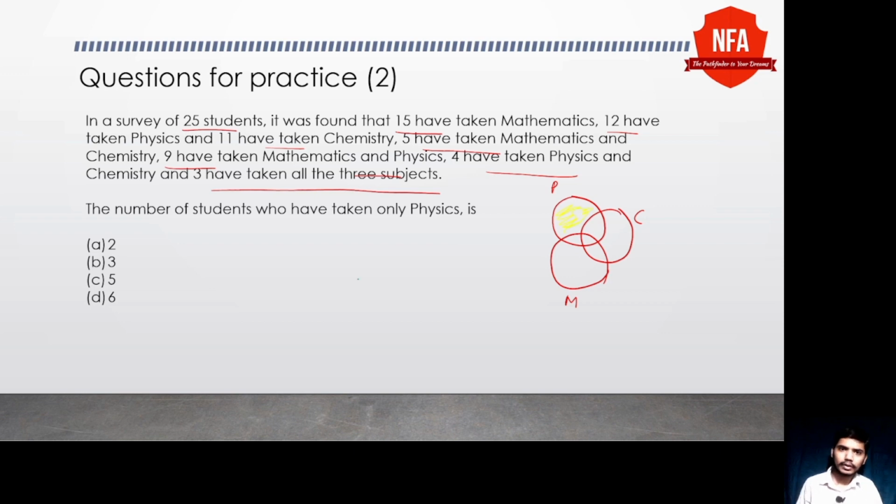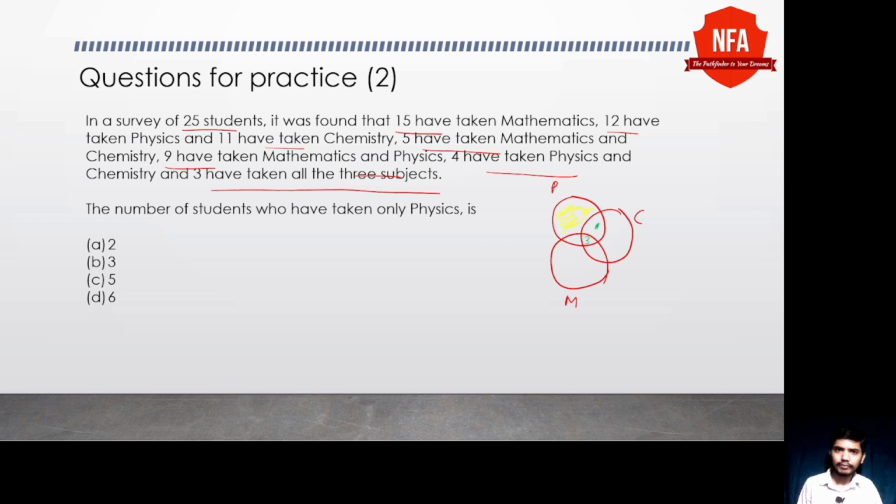How can we find this? Let's fill the regions with the number of students who have taken 3 subjects, which is this region, 3. Then the number of students who have taken physics and chemistry is 4, which is this whole region, but we have 3 here, so 4 minus 3 is 1. This region only has 1.